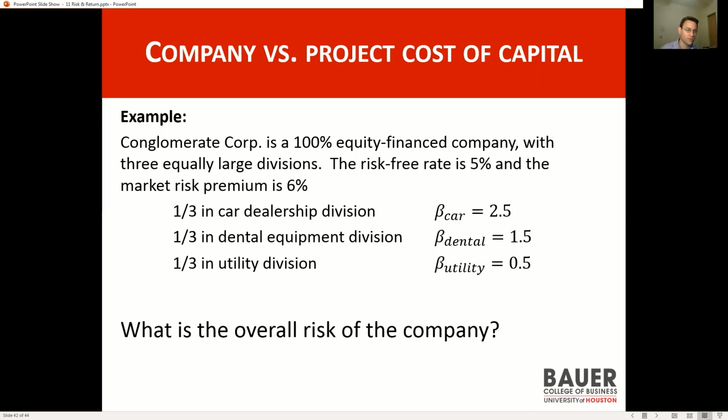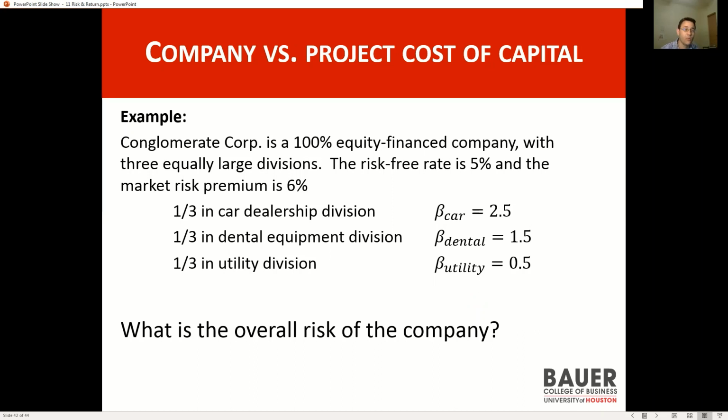We said that cars are durables, so that means that they're relatively high beta. The demand is pretty cyclical. The dental business has a slightly lower beta, and the utility business we saw with Centerpoint has a very low beta, very low demand cyclicality for electricity. How do we combine all of this to get the overall risk of the company?